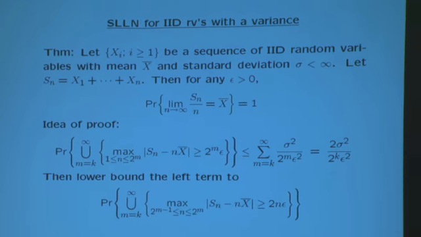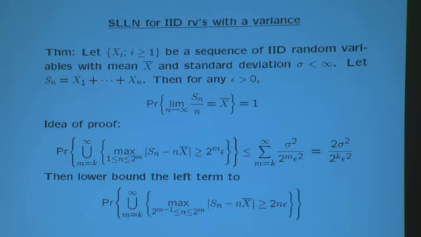It says that the probability of the set of sequences for which the sample average approaches the mean is equal to 1. Okay, so the idea of the proof is going to be the following. What I'm going to use is this Chebyshev inequality we've already done.